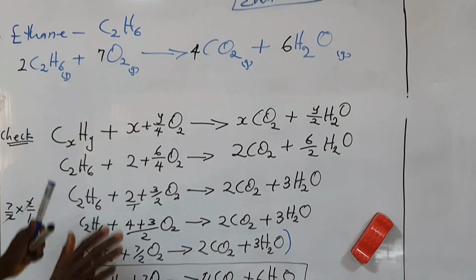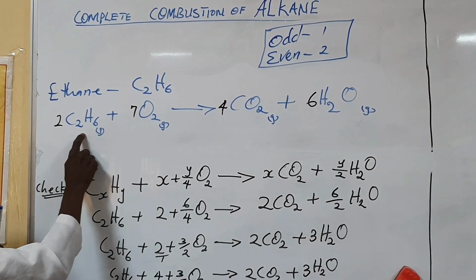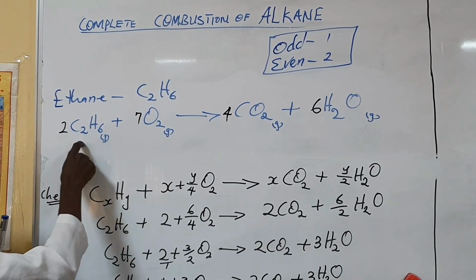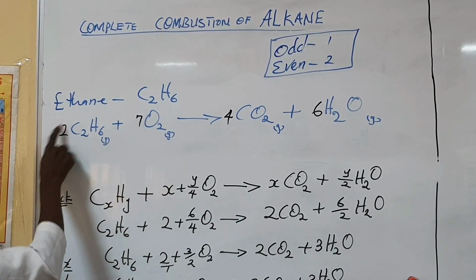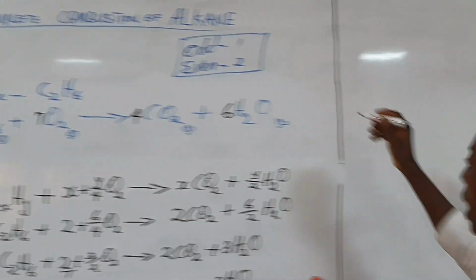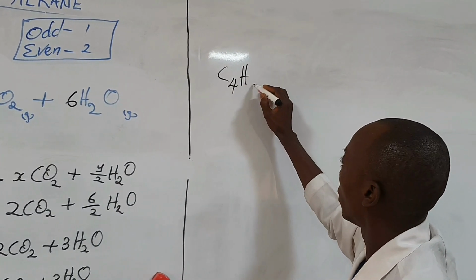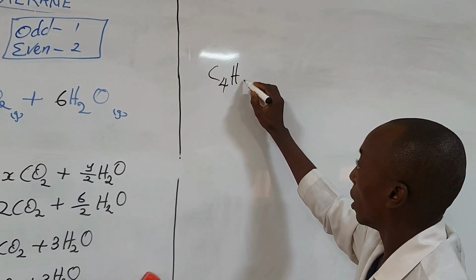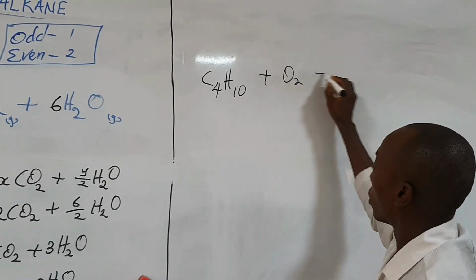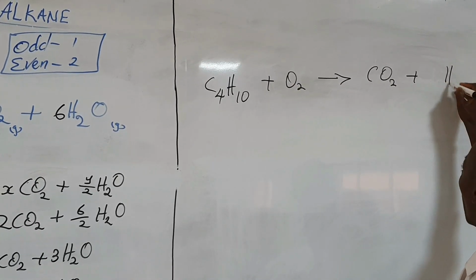Therefore, the idea is, once you discover that you have an even number of carbon in the hydrocarbon to undergo complete combustion, just put 2. Let's look at another even number hydrocarbon, let's say C4H10 plus oxygen to give you carbon dioxide and water.